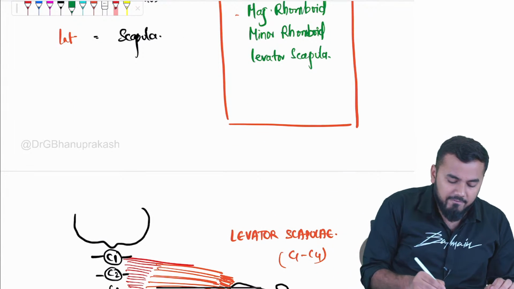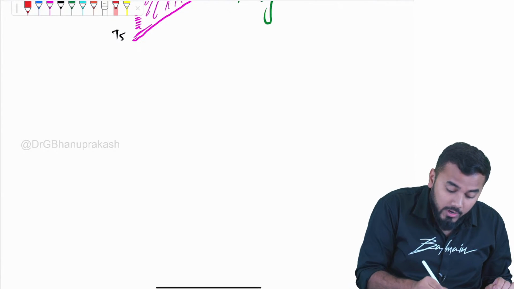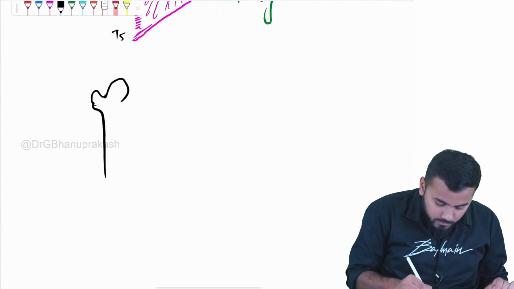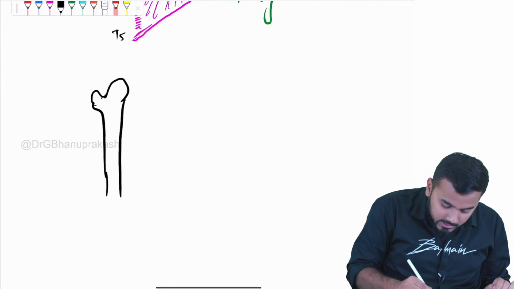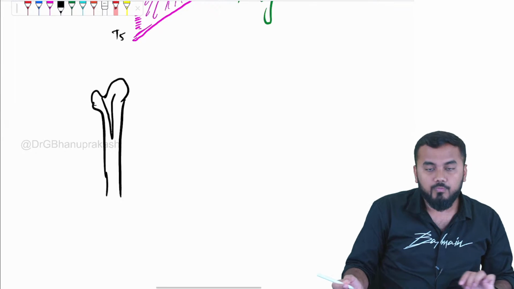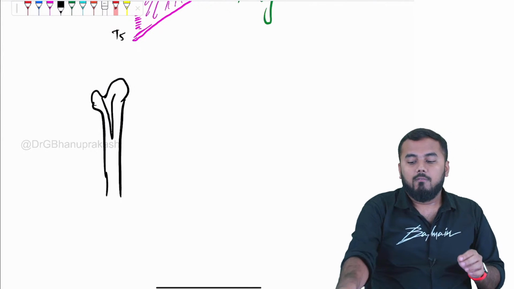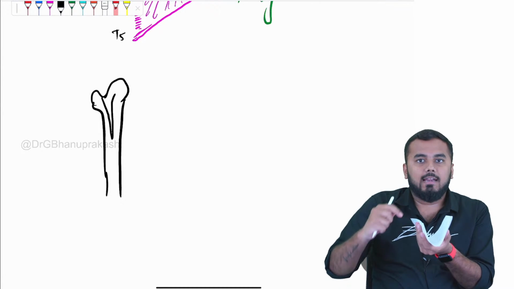Now, a very important MCQ that you will answer because you know this already. I told you we have a groove like this. This is called the bicipital groove. The bicipital groove has two lips: one is called the medial lip, another is called the lateral lip.